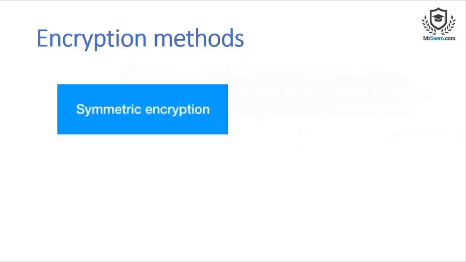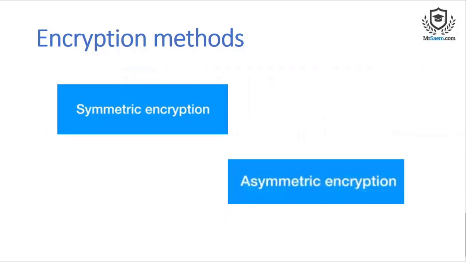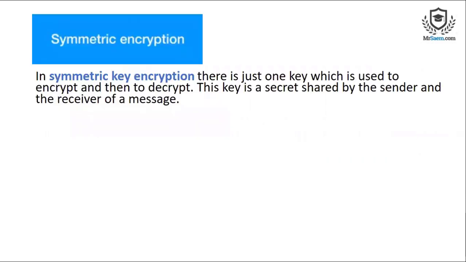There are two kinds of encryption methods that you probably have studied. Symmetric, which I just talked about, and then asymmetric encryption. Both methods are there. Symmetric key encryption is where you have just one key which is used to encrypt and decrypt the data.